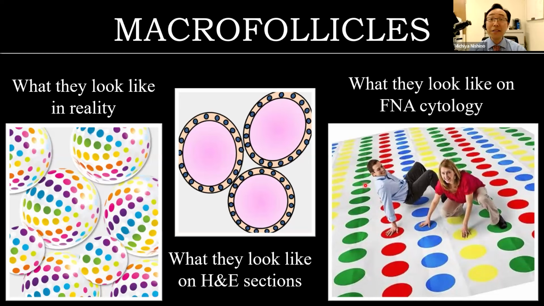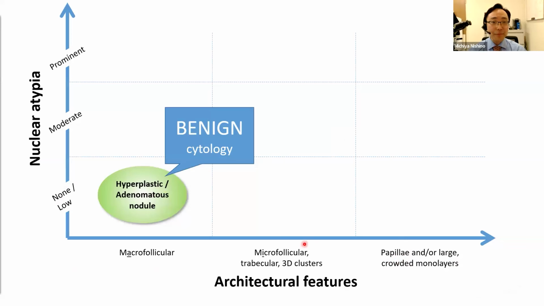And because most totally benign hyperplastic or adenomatous nodules present cytologically with macrofollicular architecture and minimal nuclear atypia, anytime cytopathologists encounter an aspirate that occupies the intersection of these conditions, we can confidently make a diagnosis of benign.